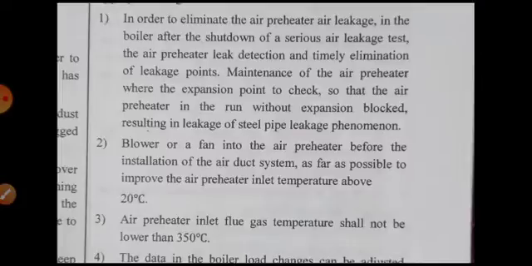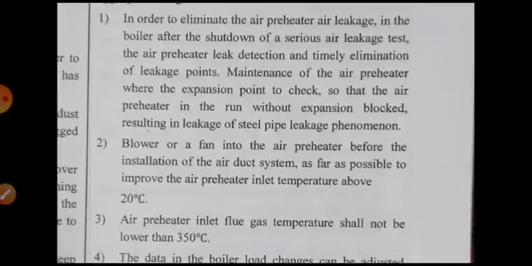In maintenance of the air preheater, check the expansion point so that the air preheater runs without blocked expansion, which results in leakage of the steel pipe. Then, before the blower or fan enters the air preheater, install the air duct system so as to improve the air preheater inlet temperature by above 20 degrees Celsius.